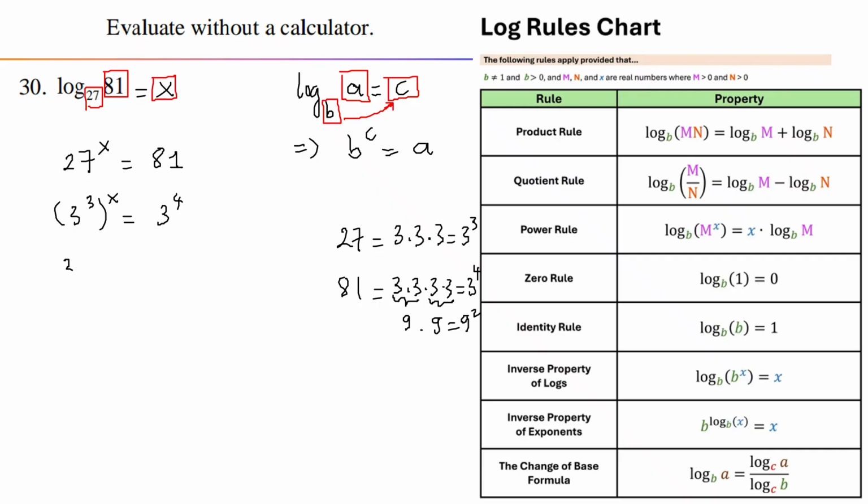Now we rewrite it as 3 to the power of 3 times x, 3x, equals 3 to the power of 4. Now we have the same base, so the exponents will be the same: 3x equals 4. Now we can solve for x by dividing both sides by 3, so x equals 4 over 3.